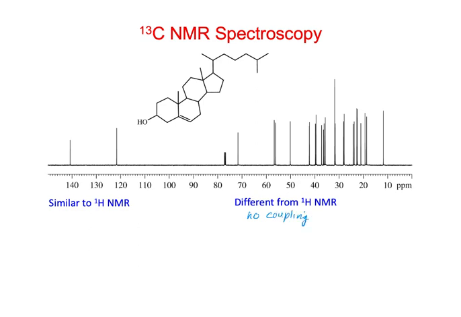Yeah, we have a much broader, bigger chemical shift. So let's see, this is all singlets. Okay, chemical shift. Instead of 1 to 12 or something, this would be something from 0 to maybe 220.